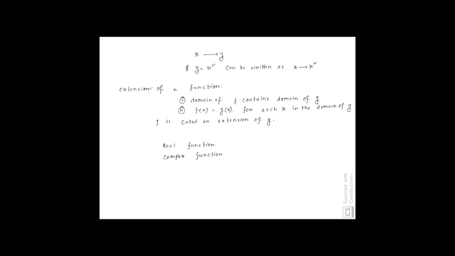Accordingly, the function y equals x square will be written as x goes to x square, or x goes to y, where y is understood to be the square of x.